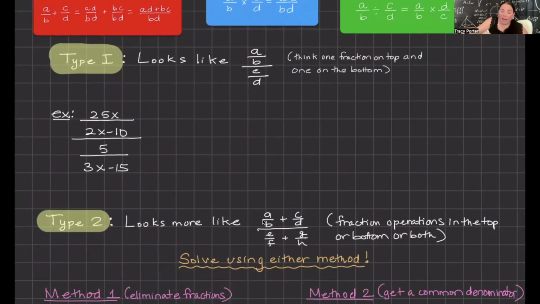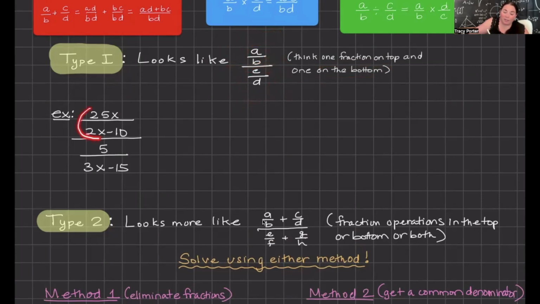Okay, so the type one that I'm going to call it here, I said it looks like this. Okay, so think that you have one fraction on top and one on the bottom. So we have like a over B, and then this is over C over D.